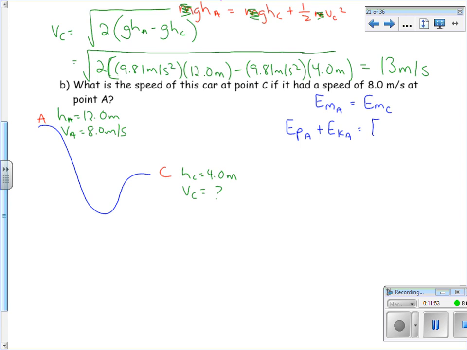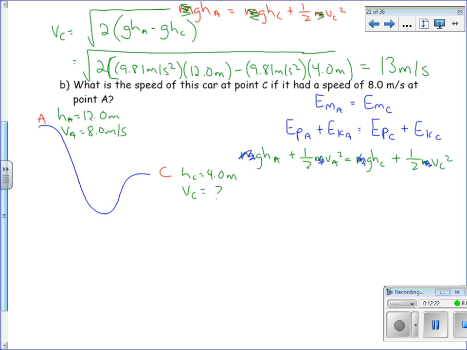And the same thing with point C. So we have mgHA plus 1/2 mvA squared equals mgHC plus 1/2 mvC squared. Masses can cancel.